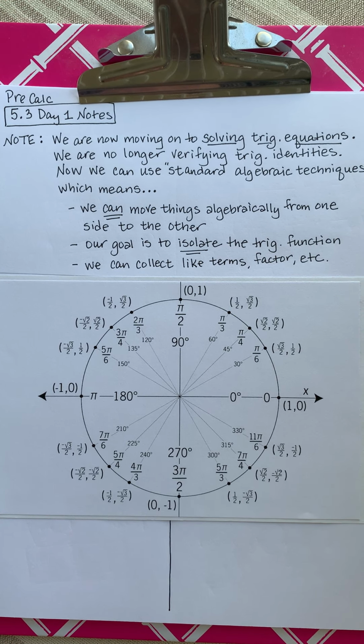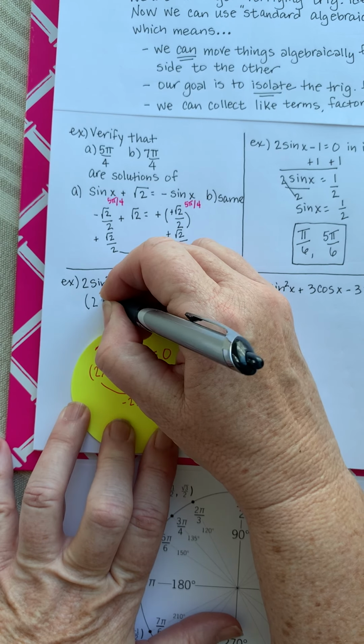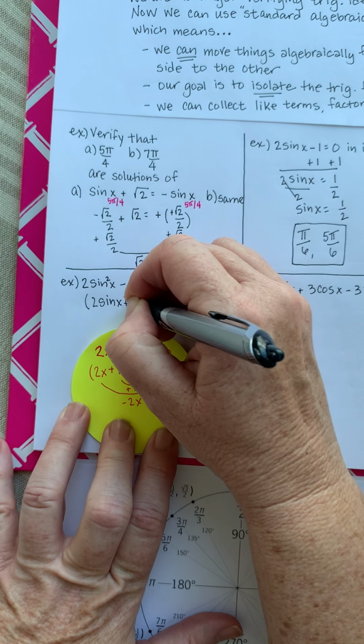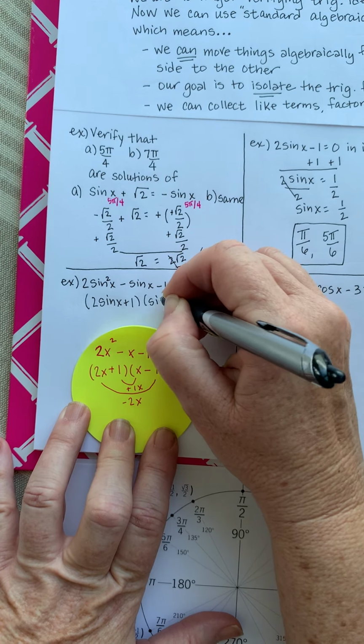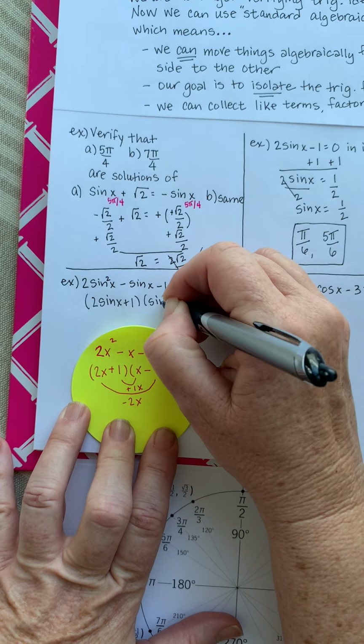And this becomes positive 1x, which adds up to this negative x that's in the middle. Okay, so this is what this is going to look like in factored form, but the only difference is instead of having x, we're going to have the sine of x. Okay, so 2 sine of x plus 1 times the sine of x minus 1 is equal to 0.